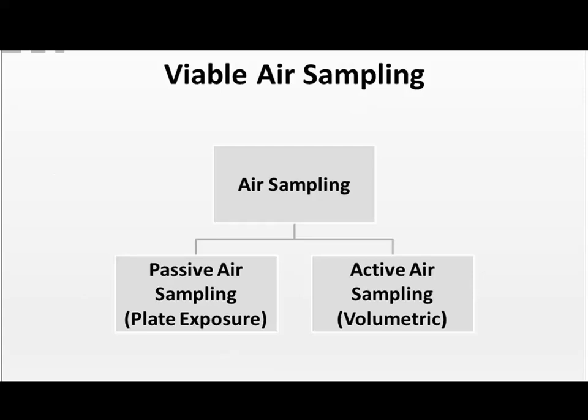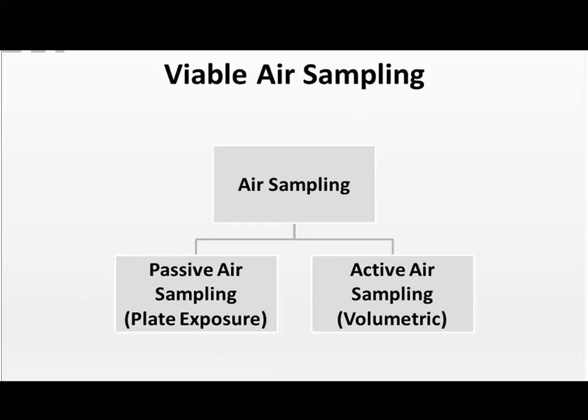Typically, we will set these media plates in laminar flow hoods, on a fill line, in a biosafety cabinet where people are working. And yes, we set them right in the middle of the workspace where they're working and get in the way. We have to leave them for a period of 2 to 4 hours so that they draw in enough air that any bioburden can come in contact with that media.